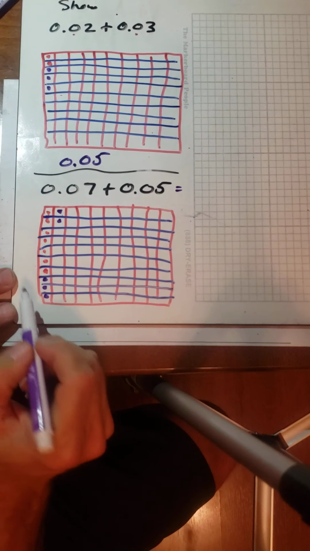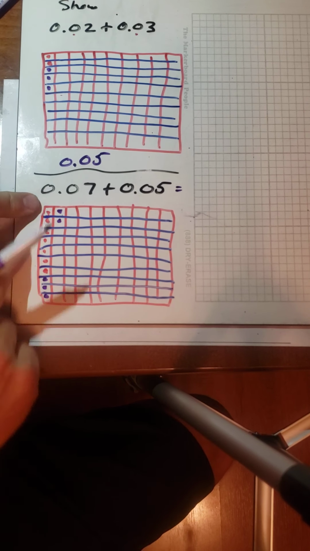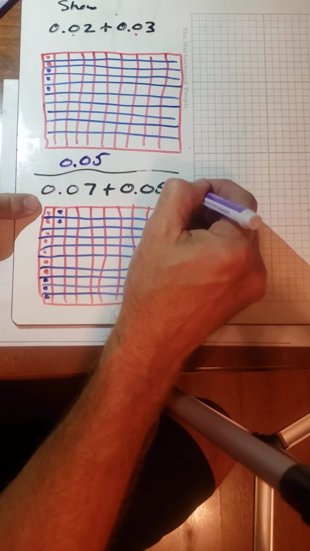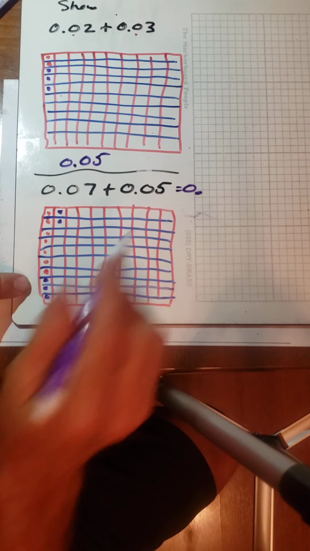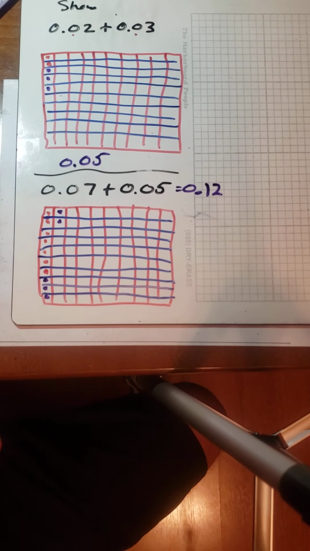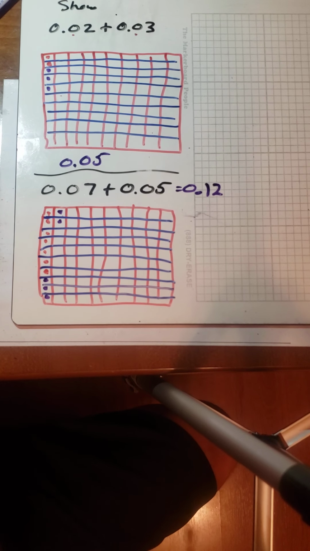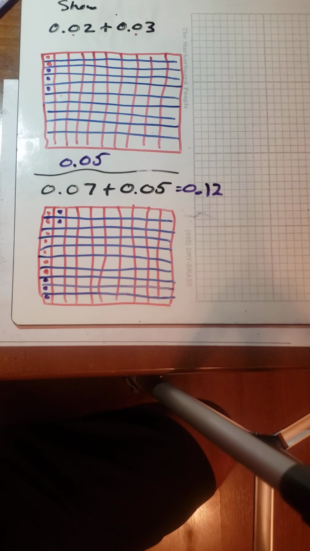Now what I have colored in here, I have a full tenth colored in. So I have 0 point, this whole thing's not colored in, 1/10, and then 2 units. So 0.12 is the way that I do this. Okay, so that shows what happens if I'm adding just all decimals together.